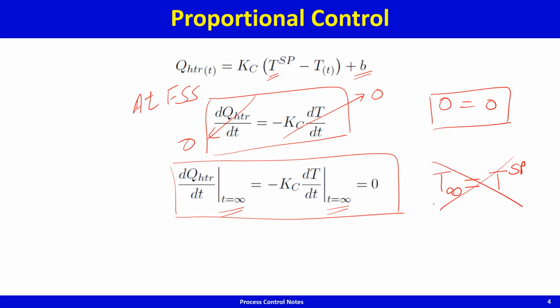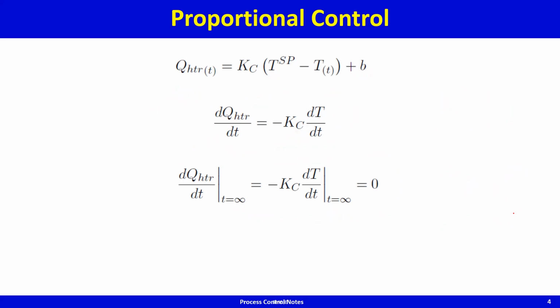At final steady state, time derivatives disappear and this equation is automatically satisfied. There is no condition imposed by the control law that the temperature at the final steady state must be the same as the set point. So what this means is, T infinity is equal to T set point doesn't hold, and therefore when you are using proportional control, expect an offset away from the set point.